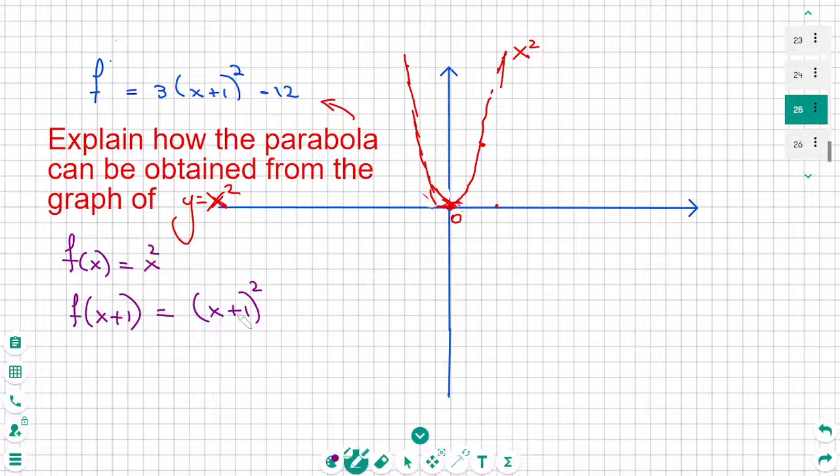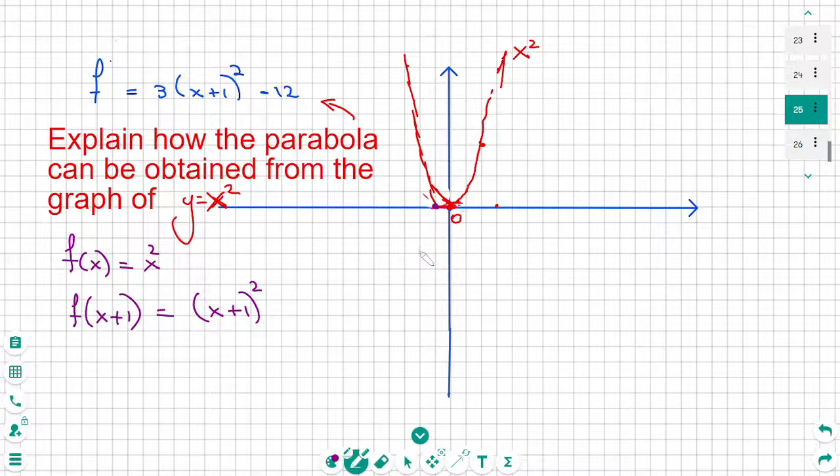And since it is a horizontal translation and the 1 is positive, the parabola is going to the left by 1 unit. So the effect of this on the points, all the x coordinates go 1 unit to the left. And if I consider the origin, it will go to (−1, 0).